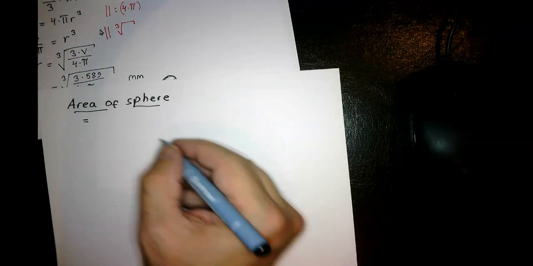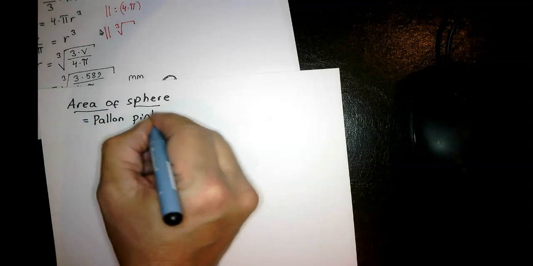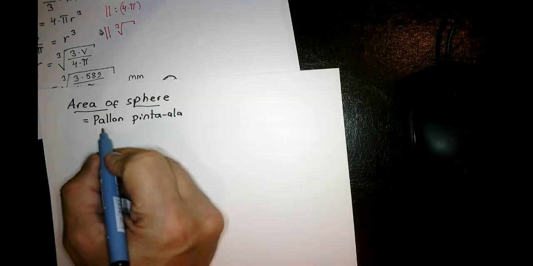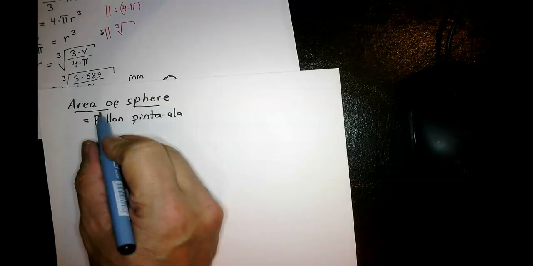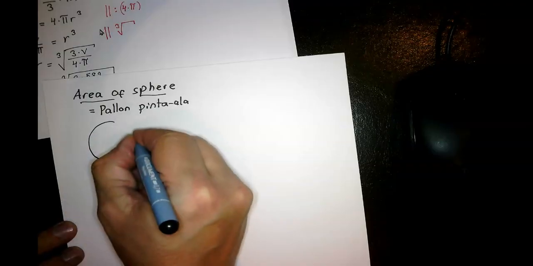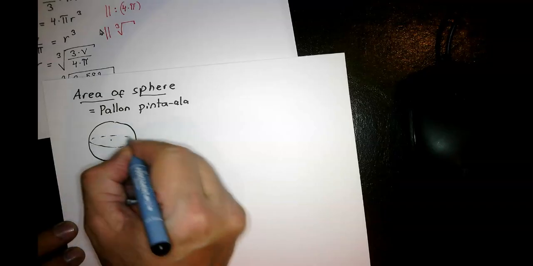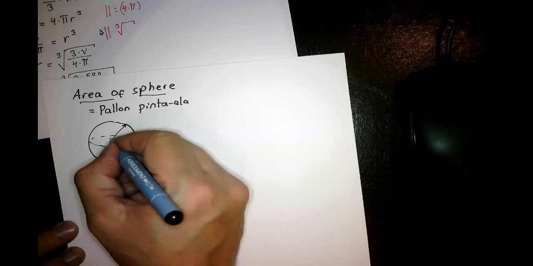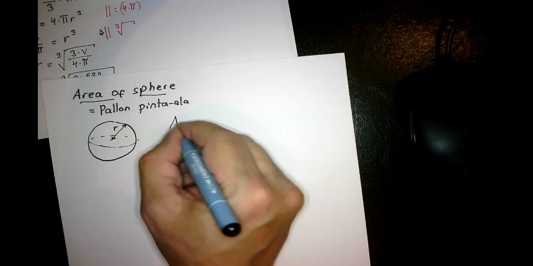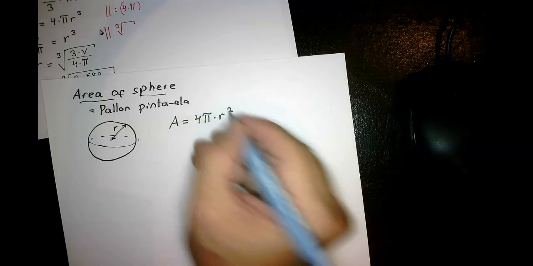In Finnish, pallon pinta-ala. Pallo is sphere and pinta-ala is area. And this is 4 times pi times r squared.